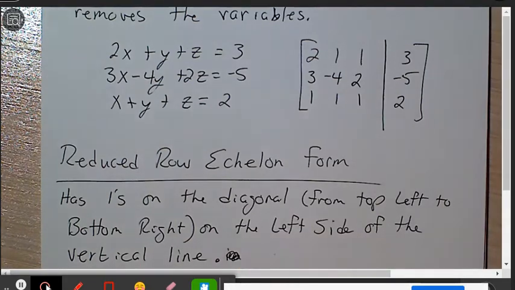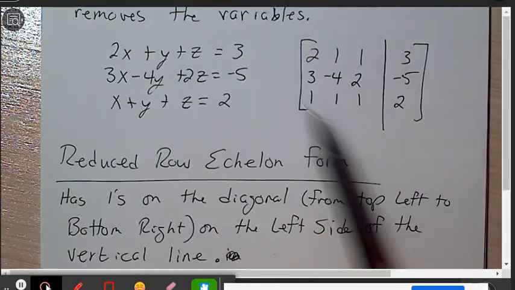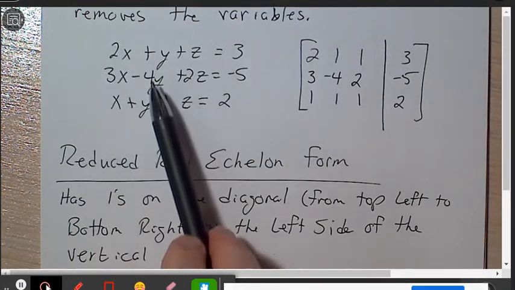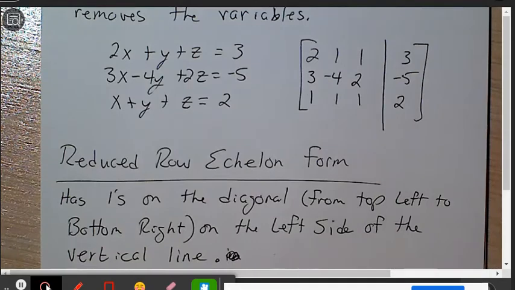And now you could easily just say that if you didn't have it here in the augmented matrix form, you could also have it back here where you would have 1x, you'd have 1y, and you'd have 1z on this thing. And everything else is going to be zeros when it comes off that.